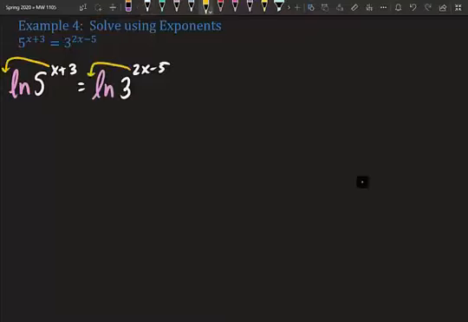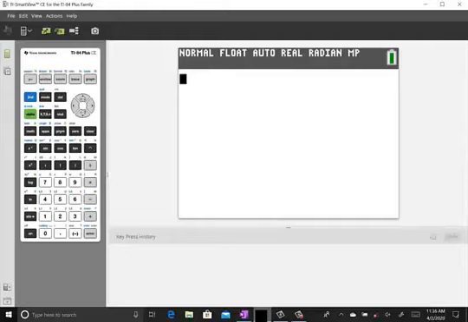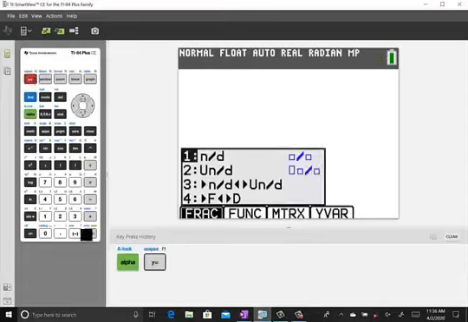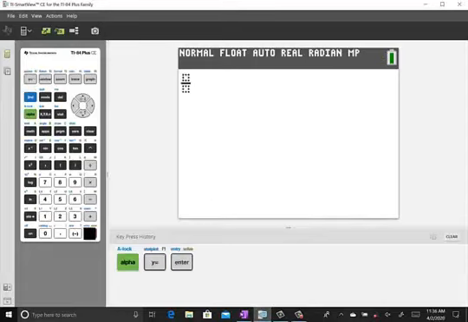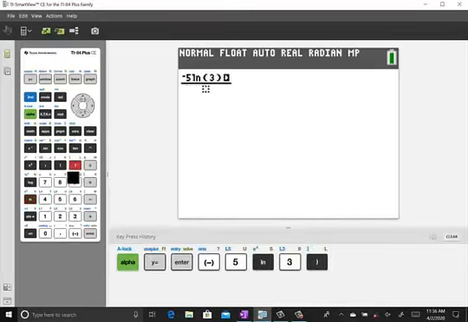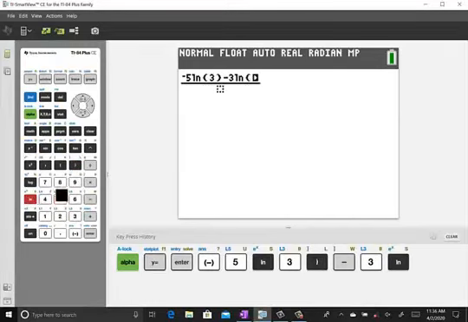All right, so if you have a newer calculator, I'm going to show you how to do it. If you have an older calculator, I'll still show you how to do it. So if you have a new fancy calculator, press alpha y equals enter. We get our fraction bar. On top we have negative 5 ln 3, so ln is right here, and then minus 3 ln 5.